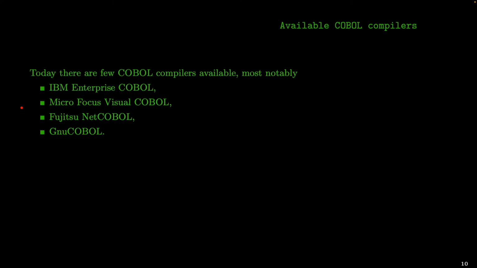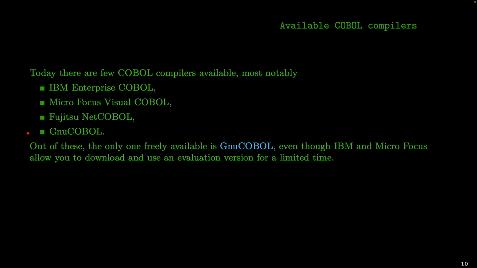Now, let's have a look at the GnuCOBOL compiler that I will be using for these videos. So there are a few COBOL compilers available. There's the IBM Enterprise COBOL, there's Micro Focus Visual COBOL, Fujitsu NetCOBOL, and GnuCOBOL. And the only one freely available out of these is GnuCOBOL, so you can just download it on the internet.